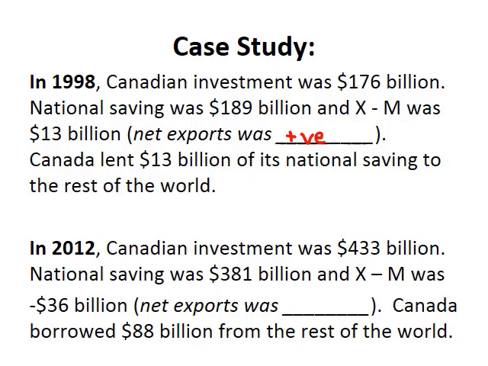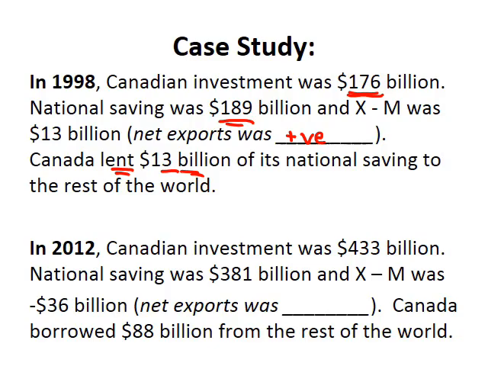So we know that if we're exporting more than importing, the rest of the world is going to have to borrow from us to pay for those additional goods and services that they're importing. So in other words, Canada lent $13 billion of its national saving to the rest of the world. Let's just recap that. Our national saving was more than enough. The national savings of $189 billion was more than enough to pay for the investments of $176 billion.